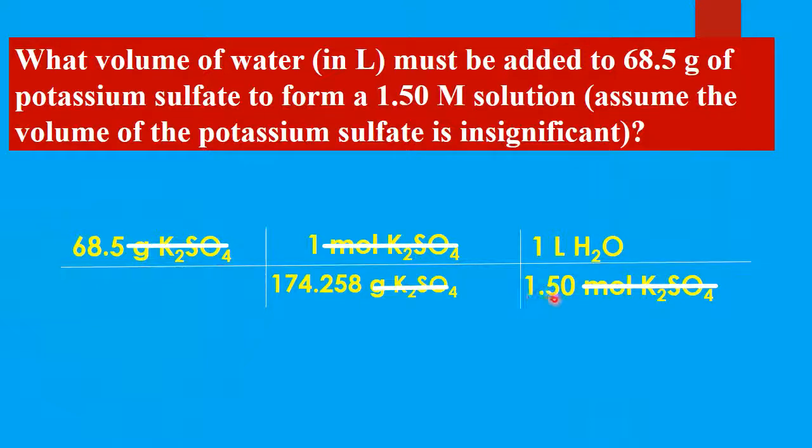So we divide by 1.50 moles of potassium sulfate. Moles of potassium sulfate will cancel, and that leaves us with liters of water. So you divide 68.5 by 174.258 and by 1.50, and you get your answer of 0.262 liters of water.